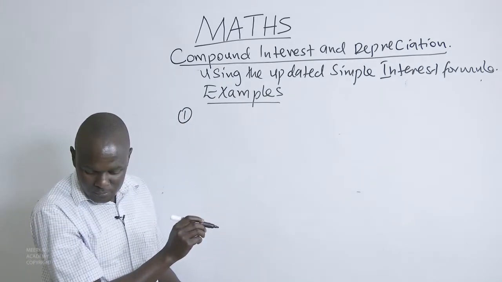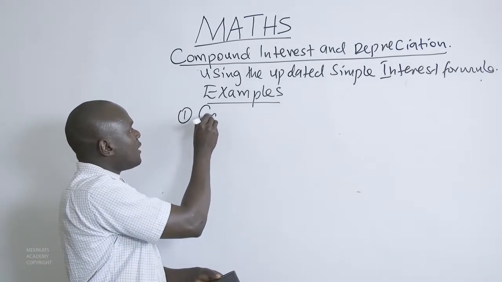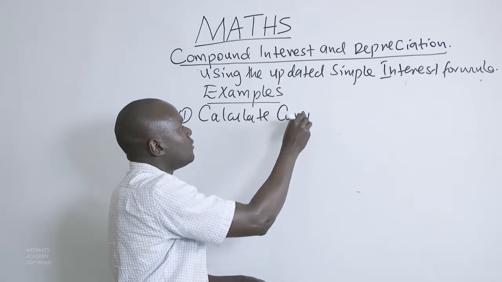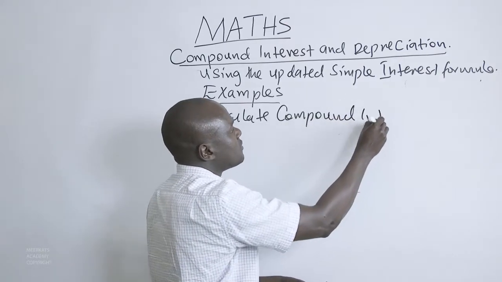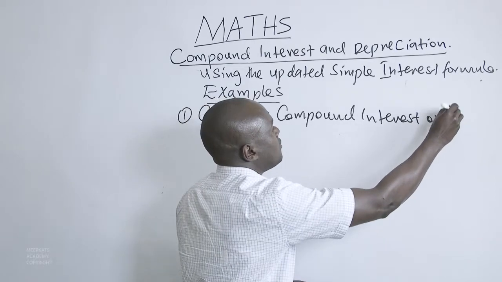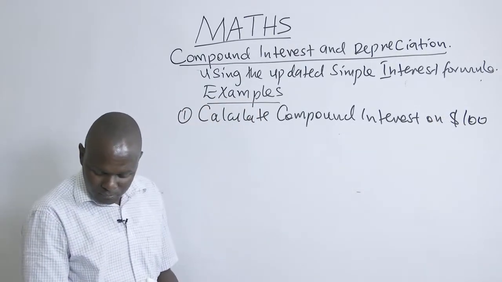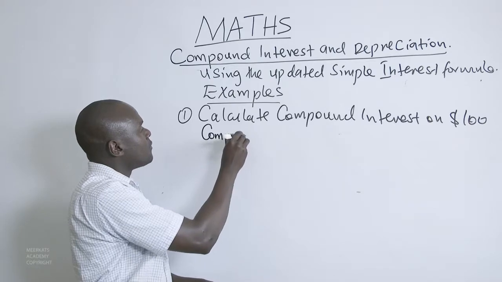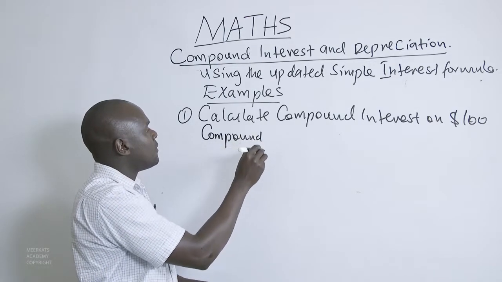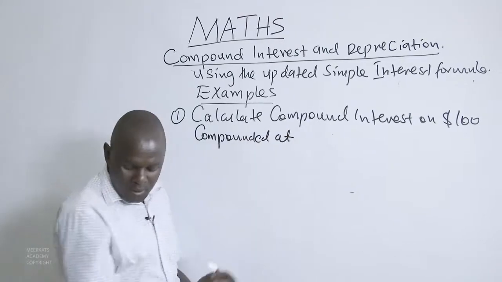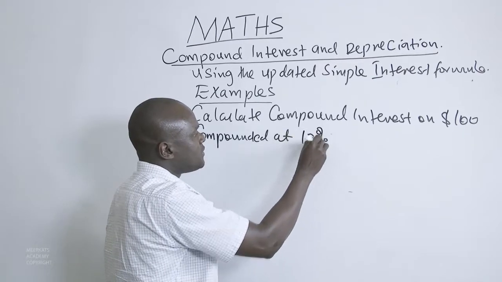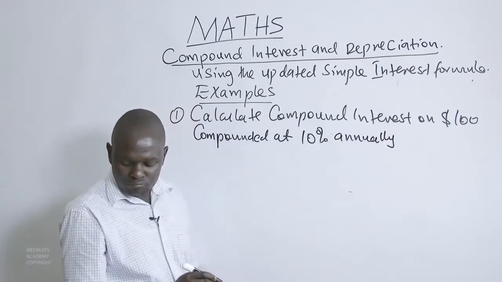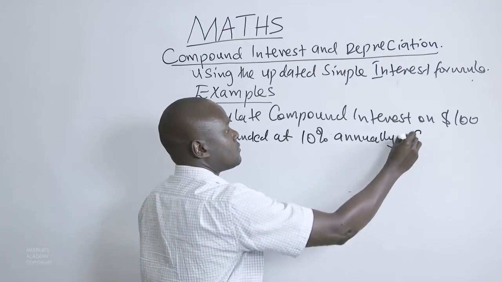Our first example: we are tasked to calculate the compound interest on $100 compounded annually at 10% for 2 years.